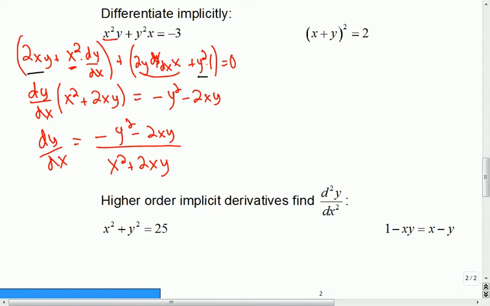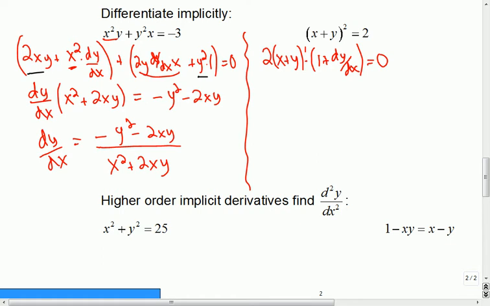Now, for the second piece, maybe I'll do the second one and then I'll give you a minute to catch up. The second piece is going to be chain rule. So you have to be careful about the way you think of this when you do chain rule. So it's still going to be as we thought. It's going to be 2 times x plus y to the 1. But now I have to take the derivative of the inside. So the derivative of the inside piece is 1 plus dy by dx.